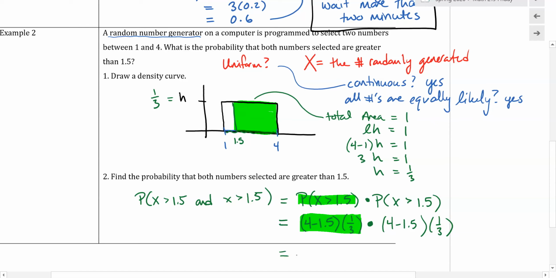So what do I get out of here? Let me see. 4 minus 1.5, that's 2.5. This all comes out to 0.694, the whole thing.